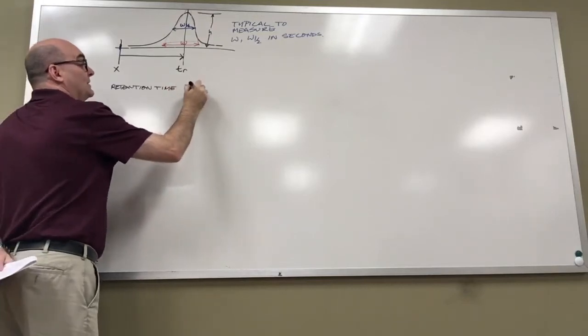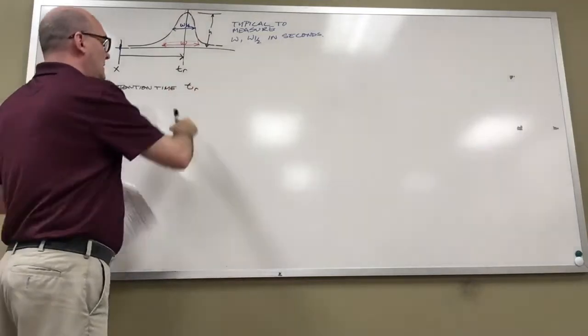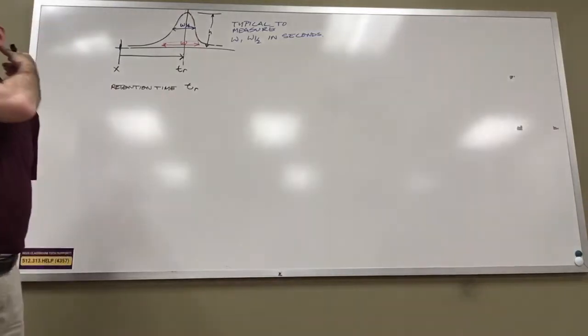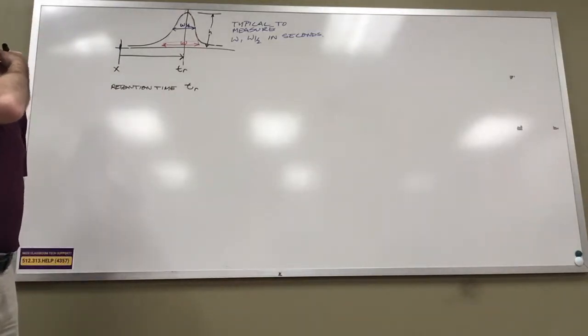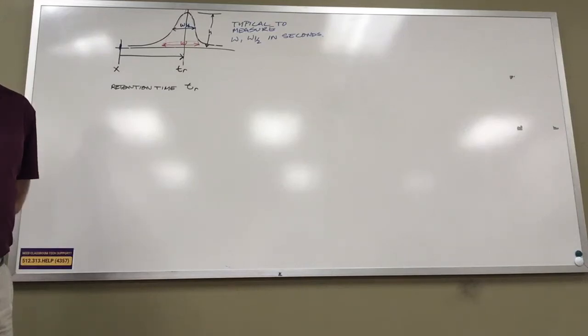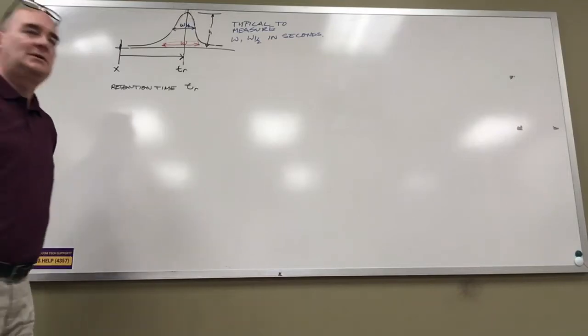Retention time is t subscript R. It's a lowercase t. If I accidentally wrote that as an uppercase T, what would that mean to the reader? Temperature. Temperature is a capital. Time is lowercase.